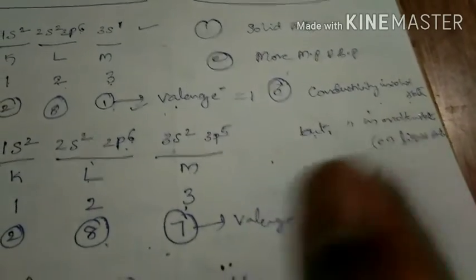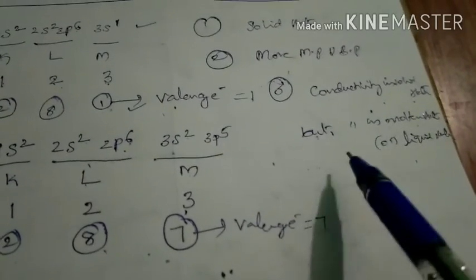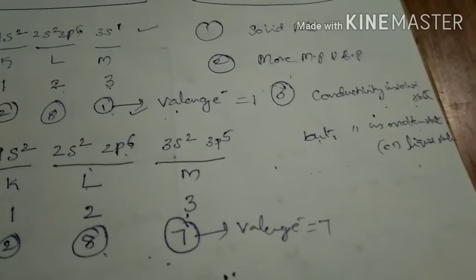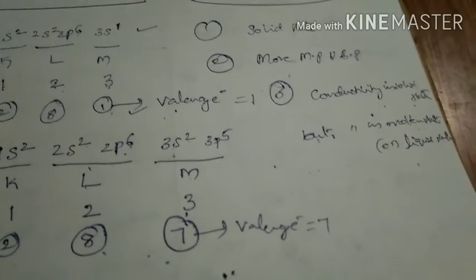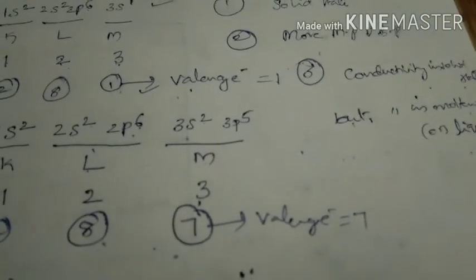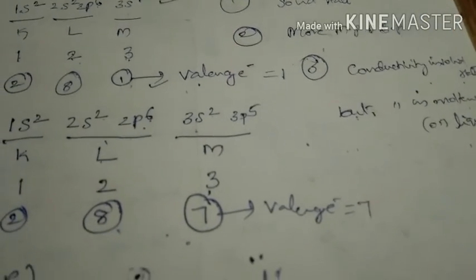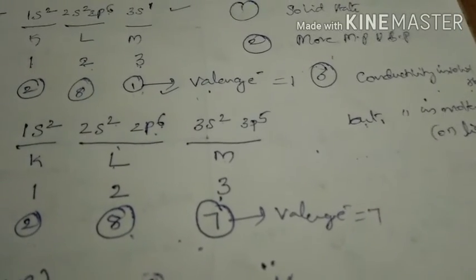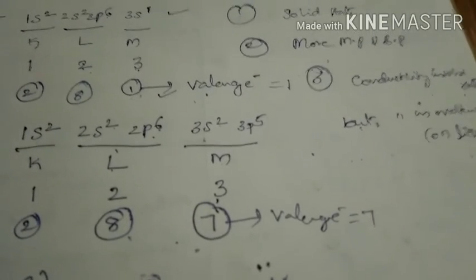In the previous case also sodium ions and chloride ions are present, but the attractions between those ions are very strong. But when they are present in water, the attractions between those ions become weak. Automatically those ions become free. When free ions are present, those ions exhibit conductivity.